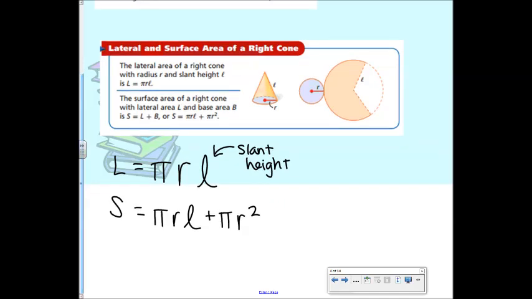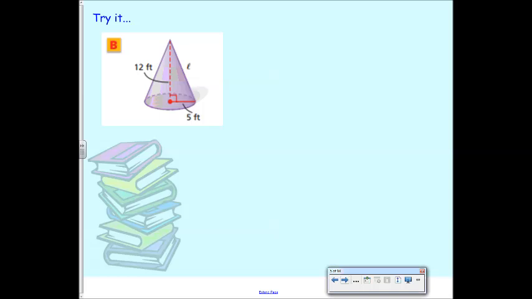Alright, so in this, let's identify the pieces that we need. What's r? 5. And what's the slant height? I don't know right now. How can I find it? You have the one where you do a squared plus b squared equals c squared, because this makes a right triangle.